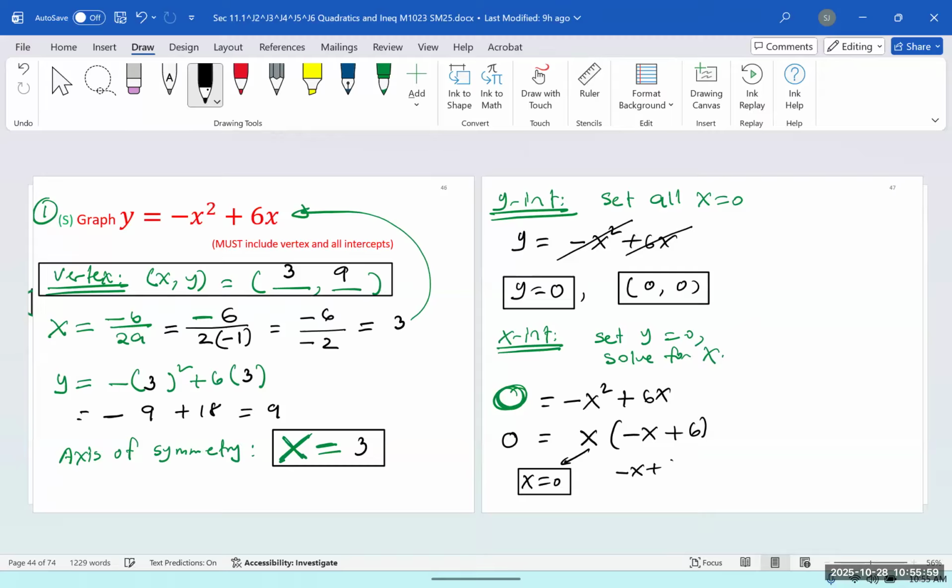So negative x plus 6 equals 0. Bring the x to the other side, so we get x equals 6. But you could have done the other way, right? Subtract 6 and then divide by negative 1. What I did was put x plus 6 and x plus 0. That's wrong, because one of the x is negative. It's negative x squared, right?